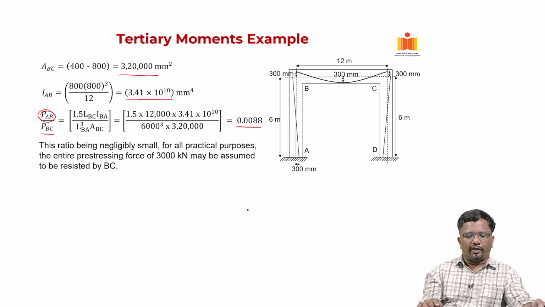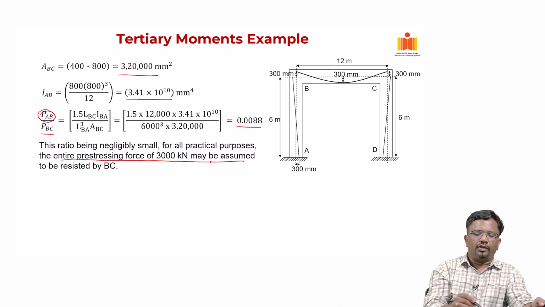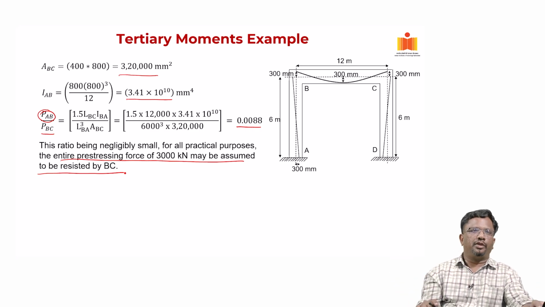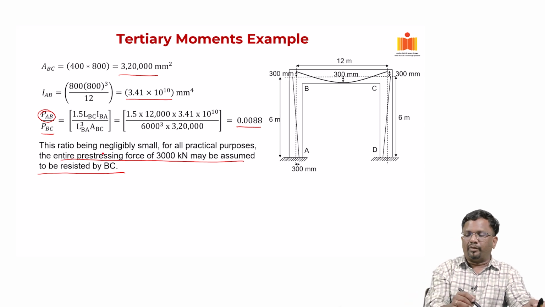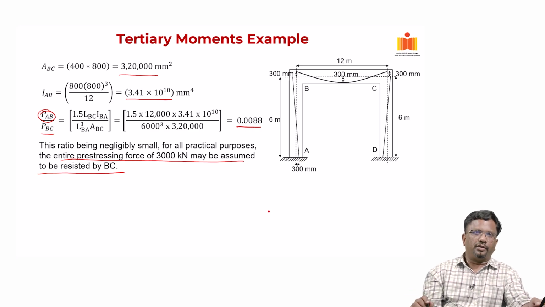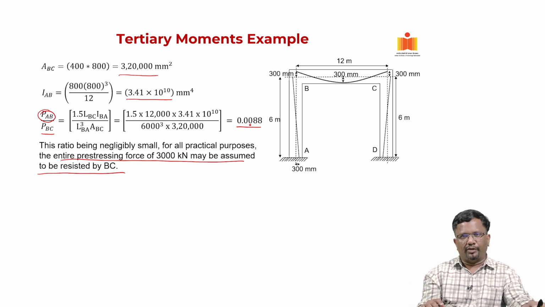So, for all practical purposes, we can say that the entire prestressing force is assumed to be resisted only by the axial member BC. So, that is what we say. This can be different. For example, if you have a wall instead of a column, then the moment of inertia can be so high and this number can go up, then your ratios will play.